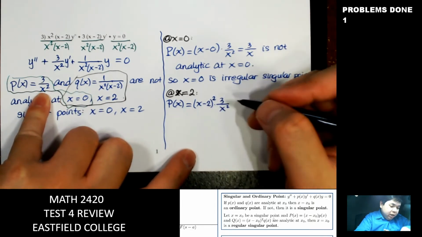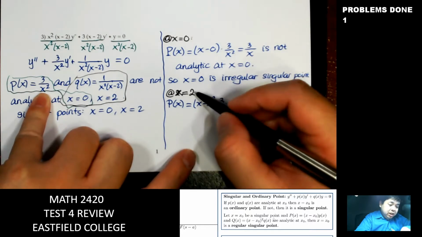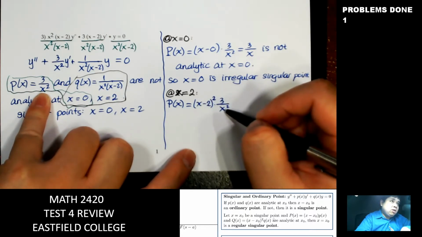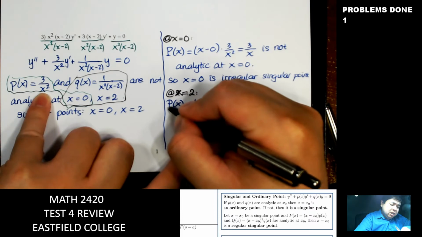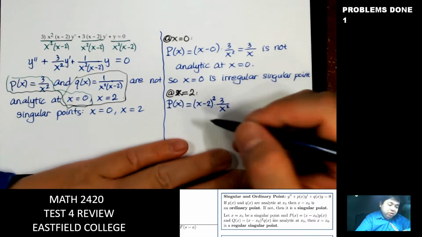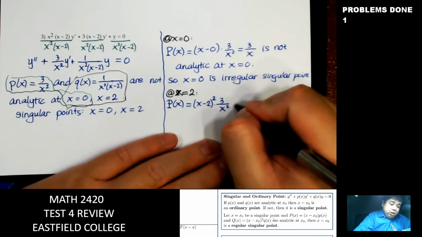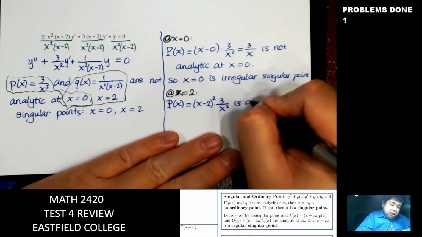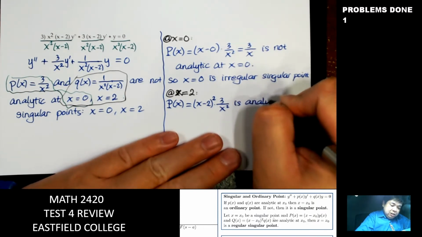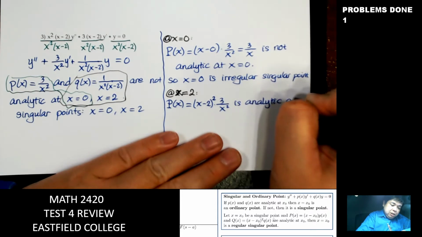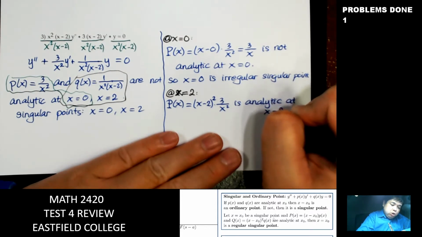Don't have to do much, but if we put 2 in here, we're going to have 0. Bottom line is it is 0, which is defined because 2 at the bottom is perfectly fine. So this one is analytic at x equal to 2, which is good.